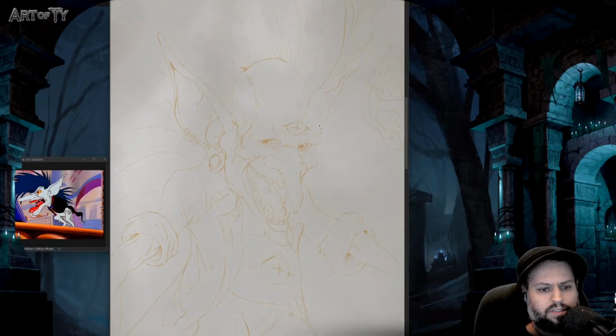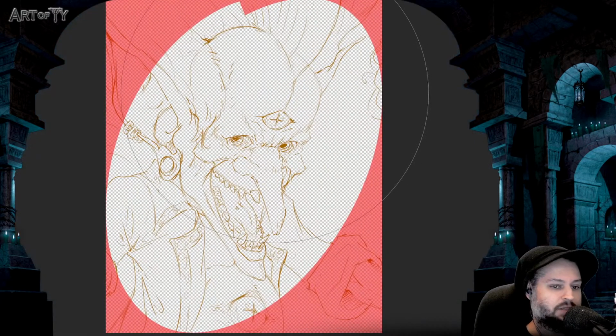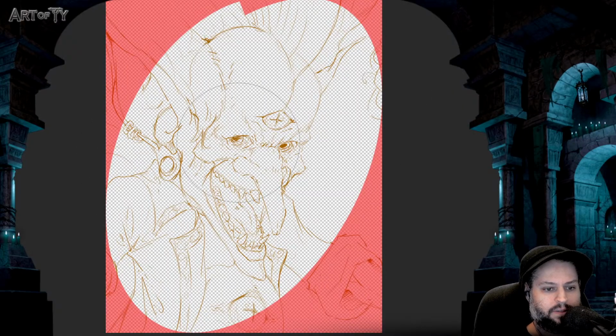And I suppose at this stage, it's also worth doing any little tweaks to our line art if we see anything we want to adjust. I haven't looked at this since we were last working on this on the stream. So now that I'm seeing it with fresh eyes, I'm seeing just a couple little elements of symmetry that probably want to get adjusted.